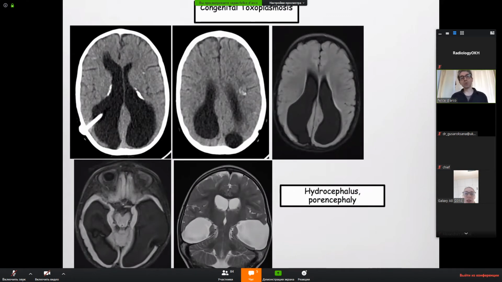Congenital toxoplasmosis is slightly different. You have calcification, as you can see, but typically it presents with dilatation of the ventricles. Now, I will probably have a lecture on hydrocephalus because I've been asked to speak about hydrocephalus for the next European course of pediatric neuroradiology, so I'm studying now. If I have it ready, I will give it to you if you want.